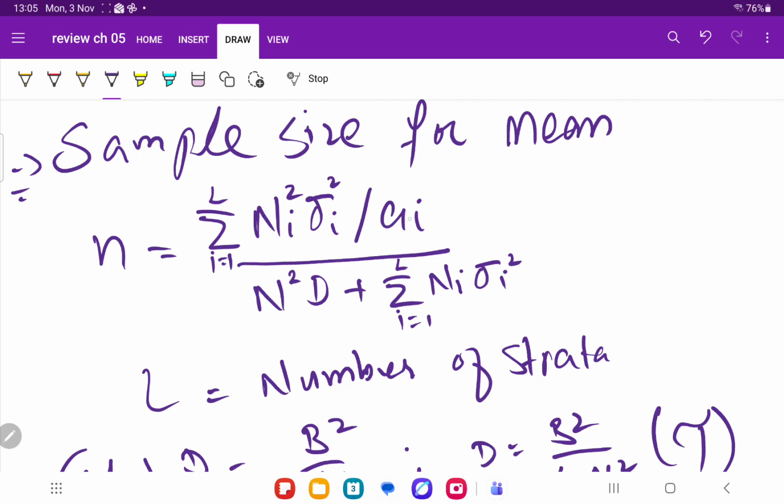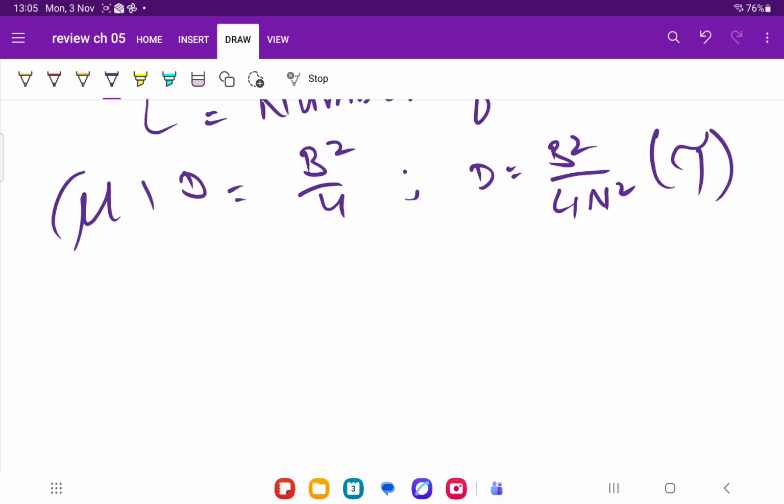In the sample size calculation when strata are involved, this ai is the important factor that has to be calculated separately. And ai is calculated by this formula, summation, i going from 1 up to L.